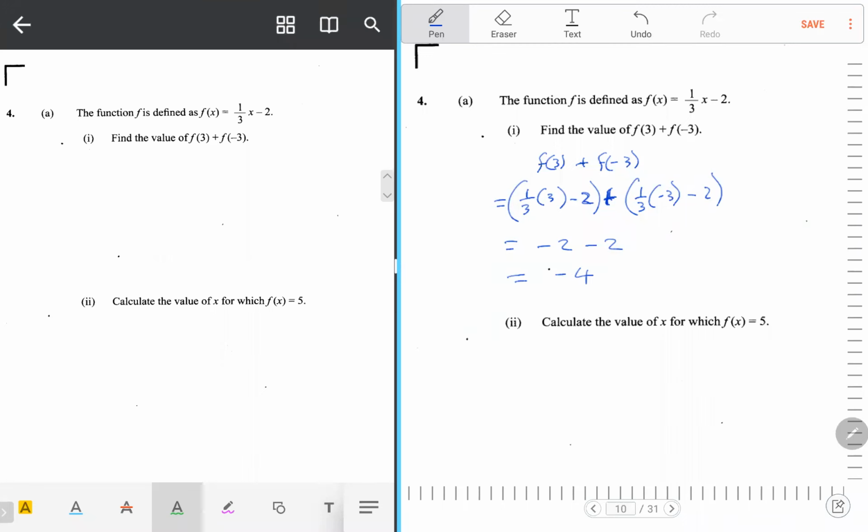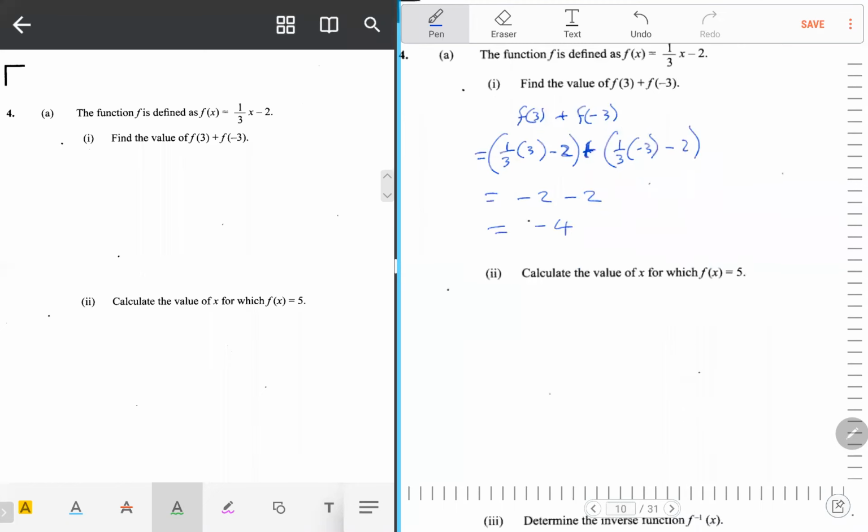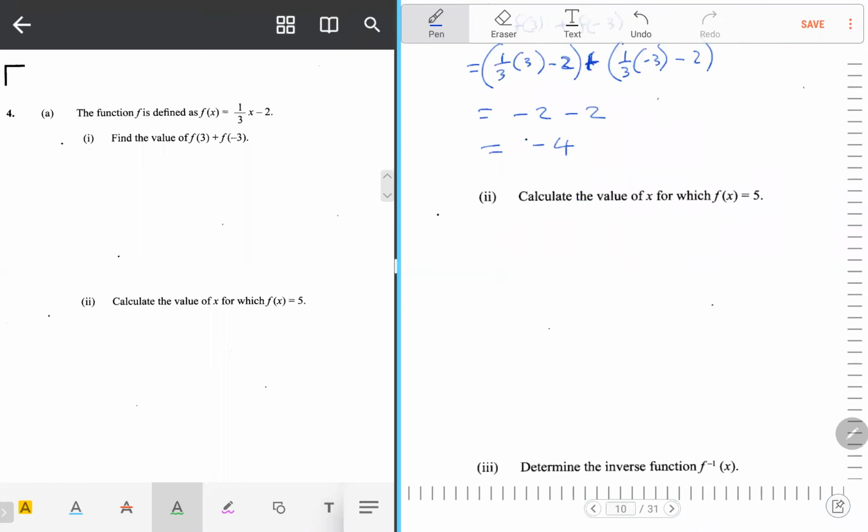All right. The next part now says, calculate the value of x for which f of x is equal to 5. So to solve f of x equals 5, what we're really trying to solve is that 1/3 x minus 2 is equal to 5. So we're solving this for x.